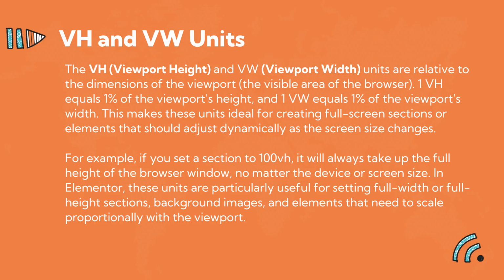So if I put my viewport height, which is VH, to 50, it's like I'm having 50% of the screen. This makes these units ideal for creating full screen sections and elements that should adjust dynamically as the screen changes.